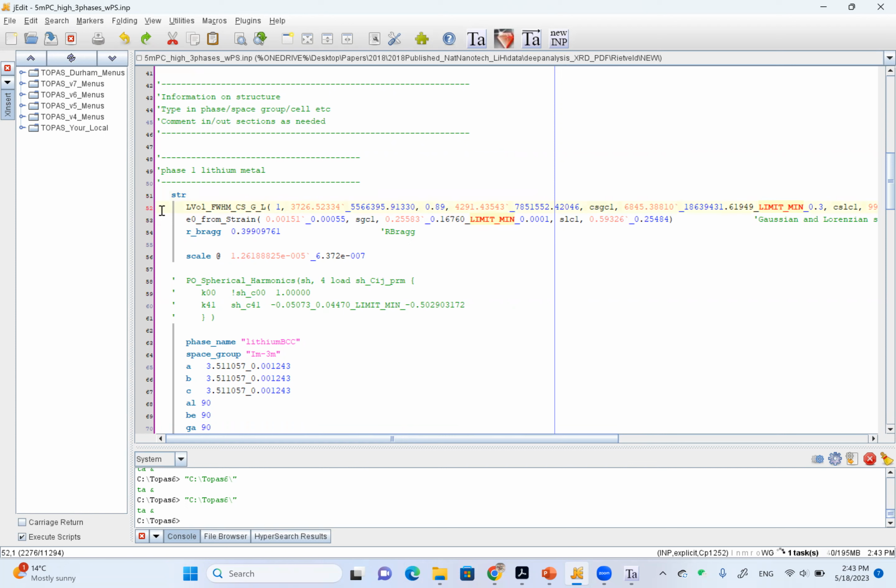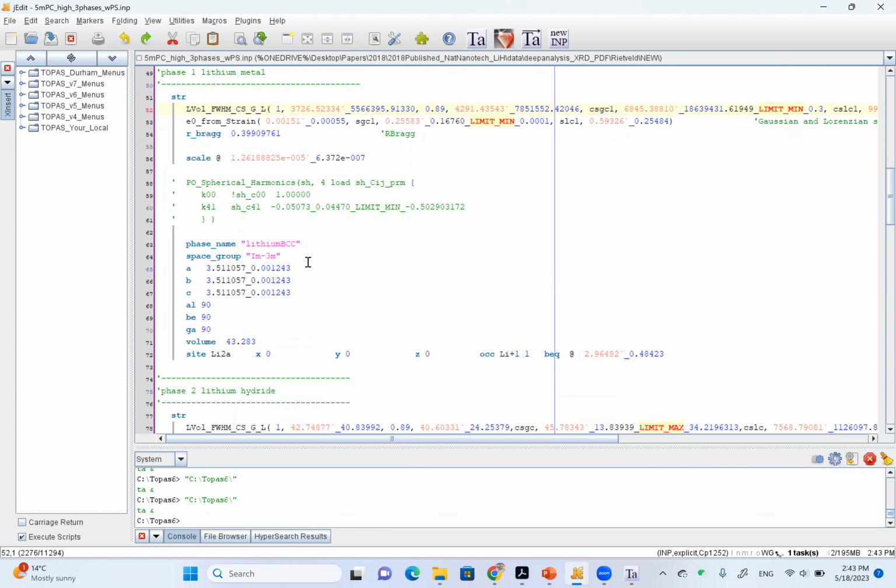You define your profile function using these two, and your scale, and your phase name, space group, and lattice parameter. Because this one is very simple, this metal is BCC, it has only one site in the unit cell. And that site is fixed, right? There's no atomic position to fit. The only thing to fit about intensity is the BQ value.